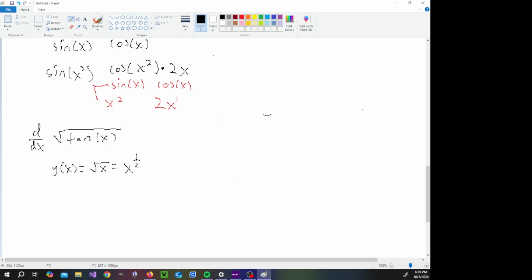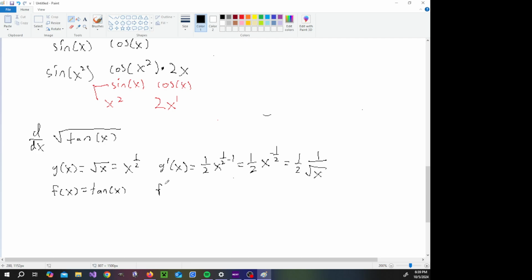And then we see the inside part we call f is tangent of x. So now the derivative of the outside is the derivative of x to the 1/2. So that's 1/2 x to the 1/2 minus 1. Well, 1/2 minus 1 is negative 1/2. And just like before, I can rewrite this as 1 over the square root of x.